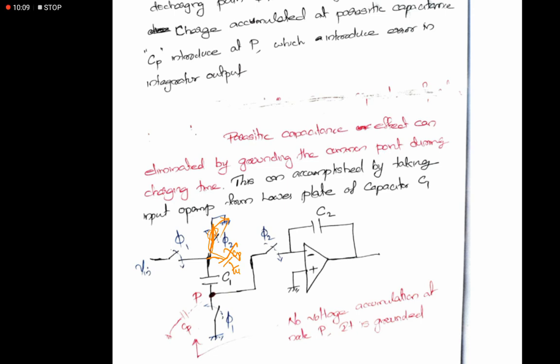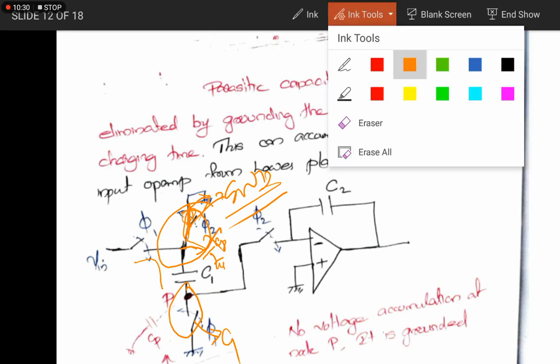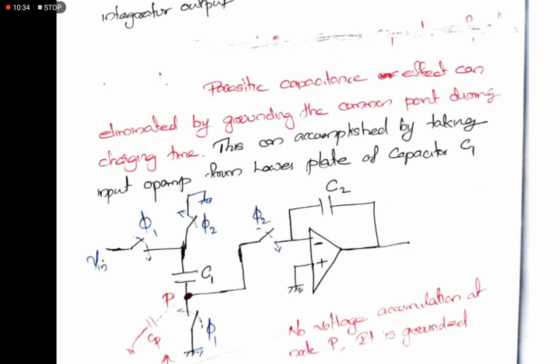So effectively, during charging, these portions are connected to ground from the capacitor C1, and during discharging, these terminals are connected to ground. There is no parasitic capacitance effect in this implementation. That is the advantage of this implementation. Both terminals of the capacitor are grounded during at least one of the half cycles, either when phi 1 is on or when phi 2 is on.